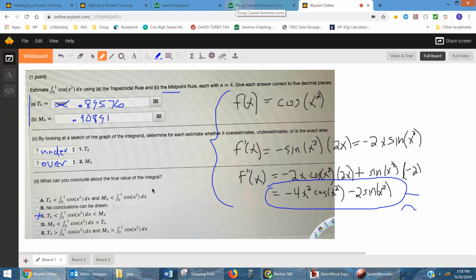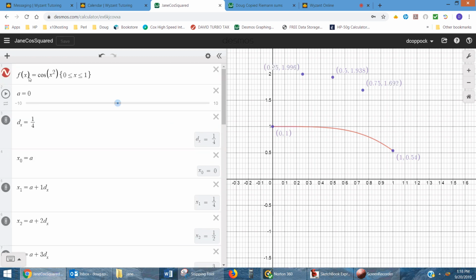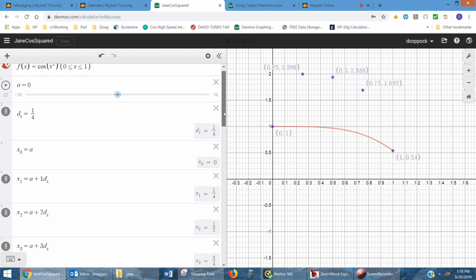So I'm going to go to Desmos and show you that I've graphed the function cosine of x squared on the interval from 0 to 1. I've set a as 0, that's the left-hand endpoint.